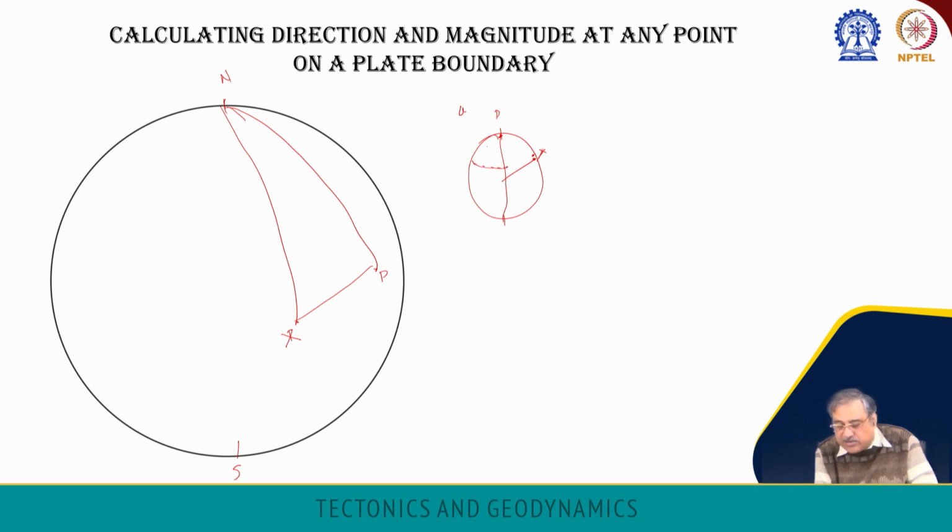So if I consider a small circle like this passing through X, because this is a positive pole of rotation, it would be moving in a particular manner with respect to this. So in this case, because it's positive, it should be moving with this value here.